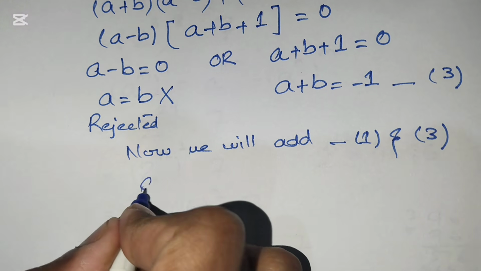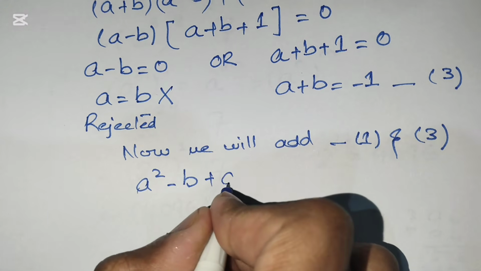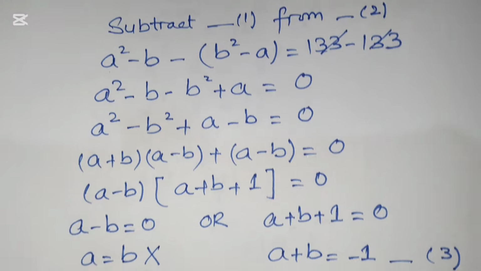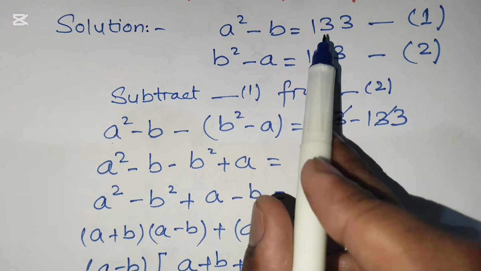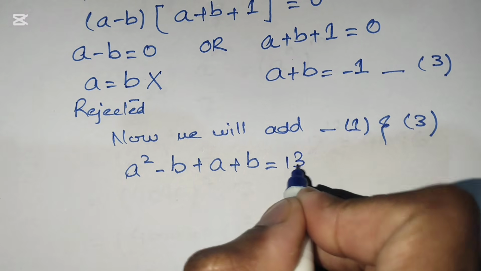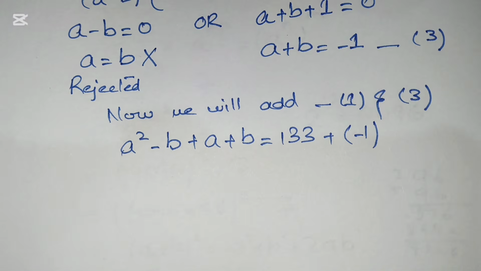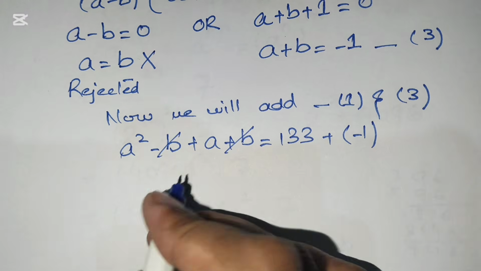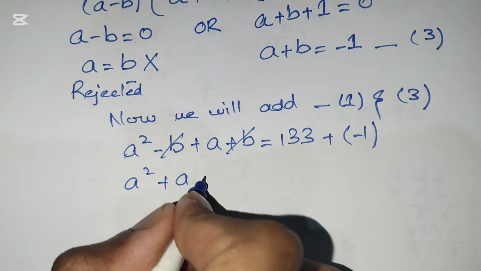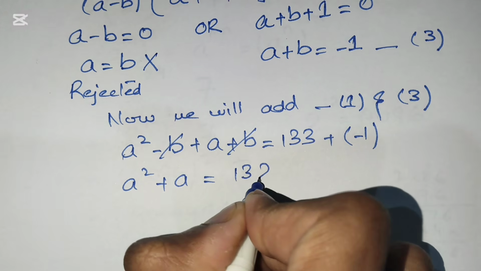Equation 1: a² − b plus a + b, equals 133 plus (−1). The −b and +b cancel. We have a² + a = 133 − 1, which is 132.